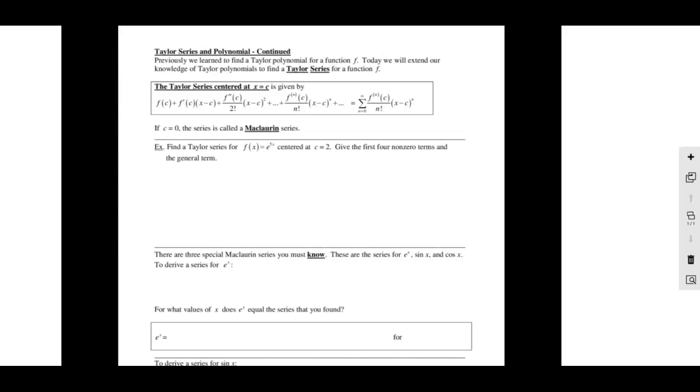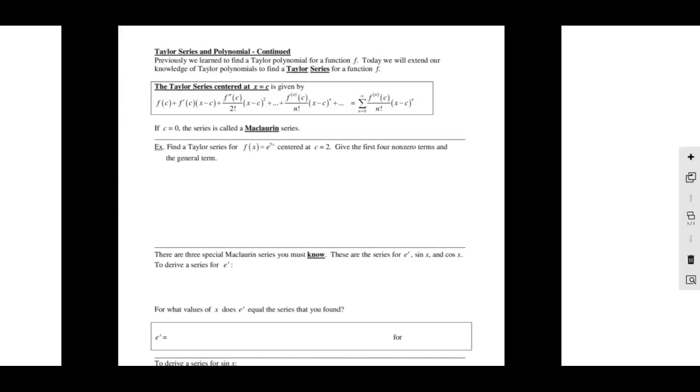The graph of the polynomial and the graph of that function will always be very close to each other right at the center's value. Now the question is, does it work at any other places apart from the center? If that radius is infinite, so it extends infinitely to the right and infinitely to the left, then your interval is from negative infinity to infinity. It converges for all real numbers. That's rare, but it happens.